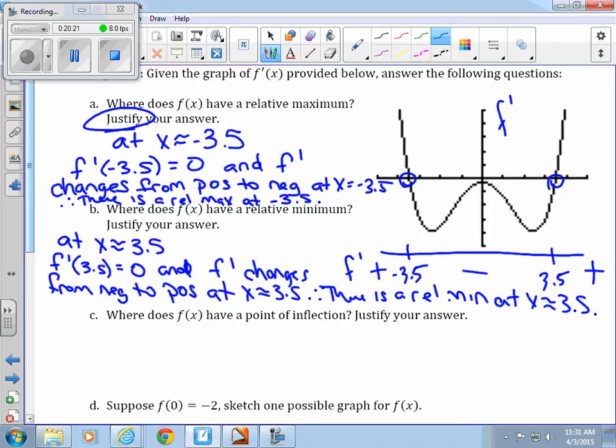So if I look, I have a negative slope, and then a positive slope, and then a negative slope, and then a positive slope, right? So when does my concavity change? Can you just estimate on that? Yeah, it's going to have to be.